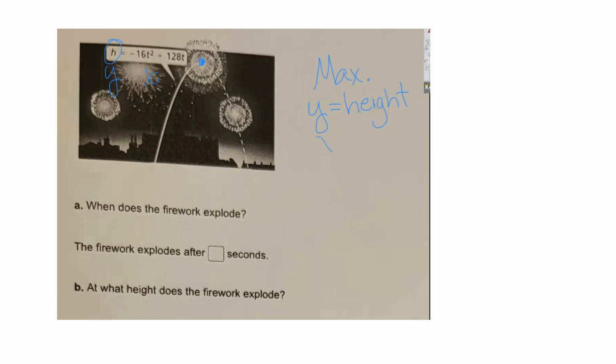So we're calling x t, and that is the time, in seconds. Okay, so if we want to know how high it is, we're just going to use our x equals opposite b over 2a.